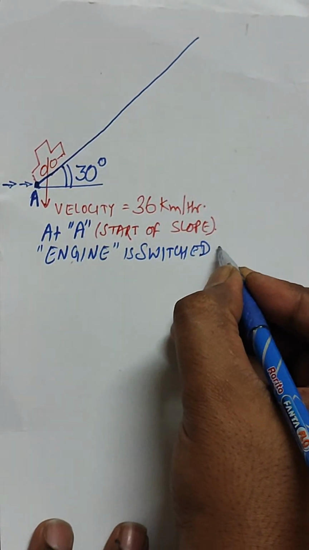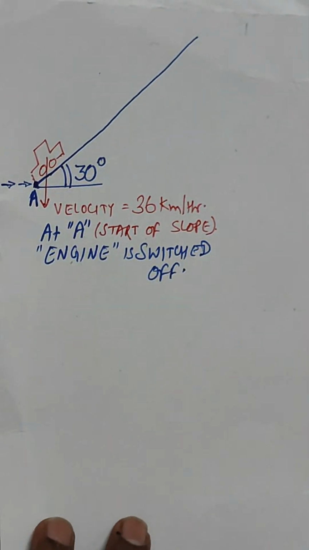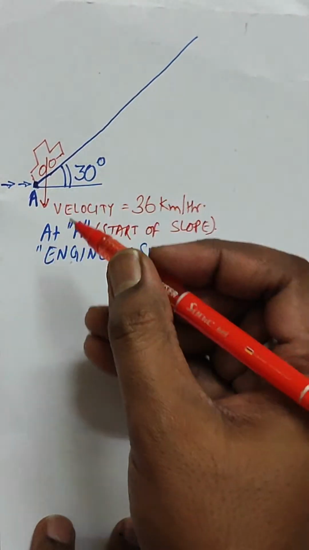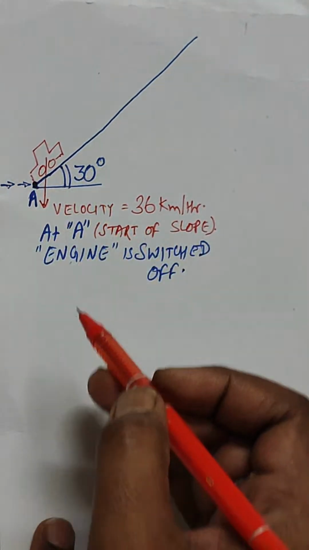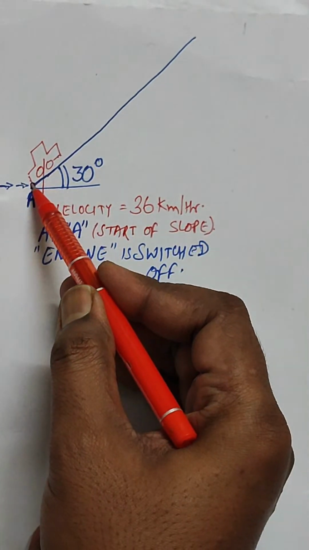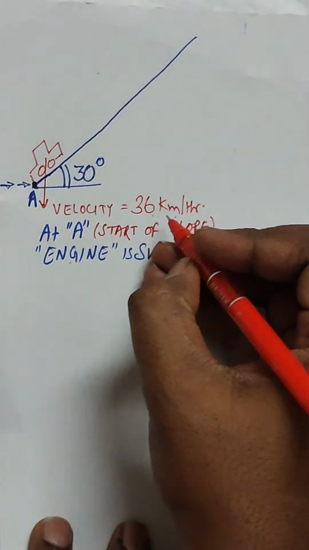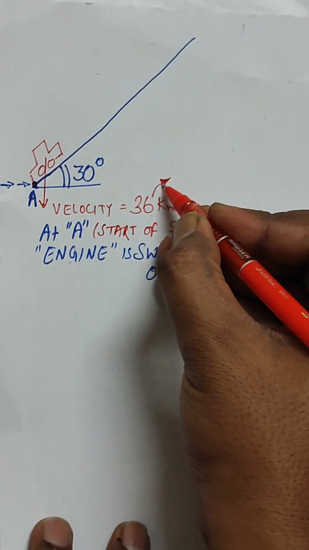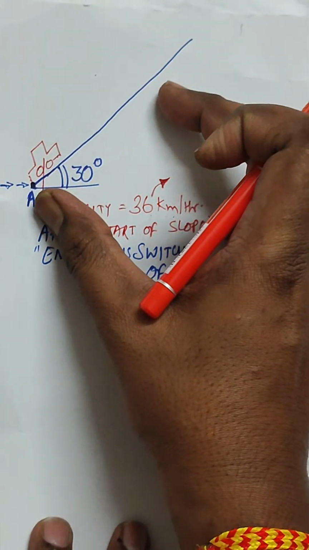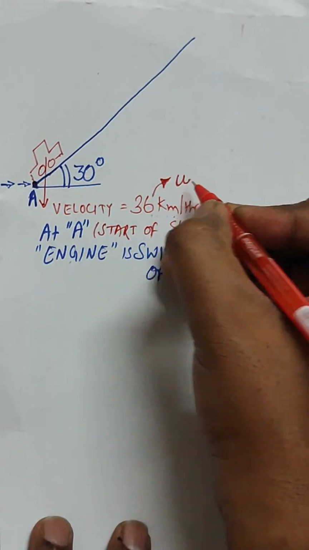So the engine of the car is switched off at this point. That means whatever the velocity on which it was running, this 36 km per hour, will be the initial velocity for the movement which is on the slope. So this will be the value of u.